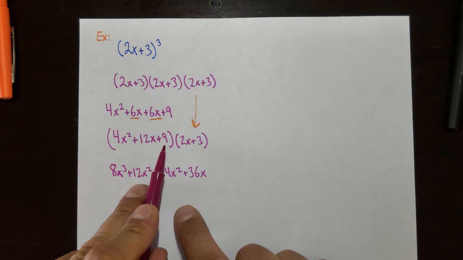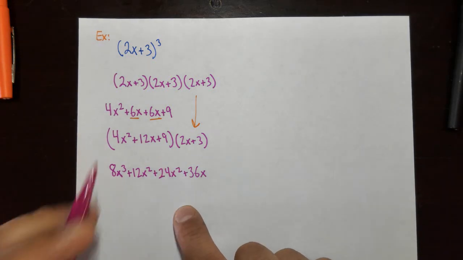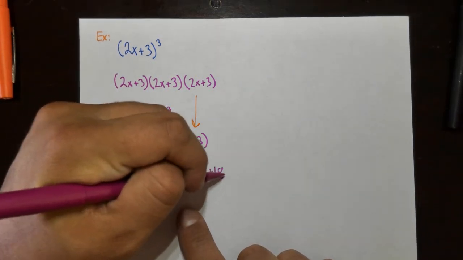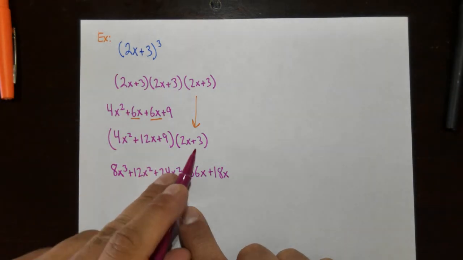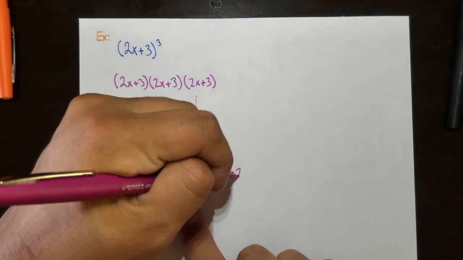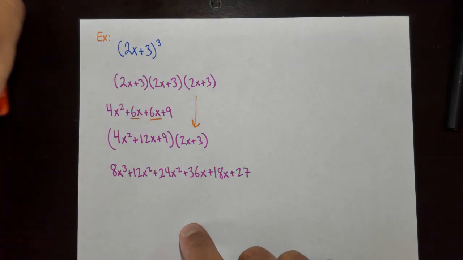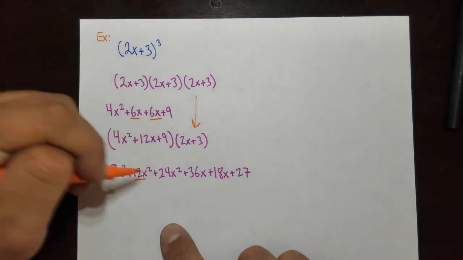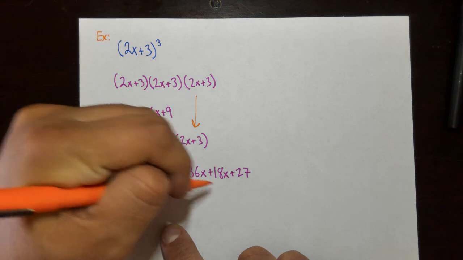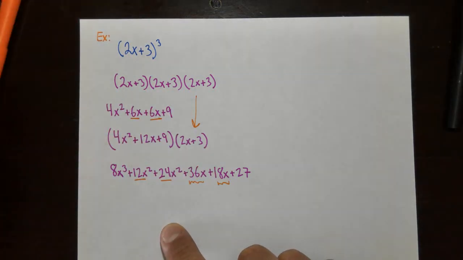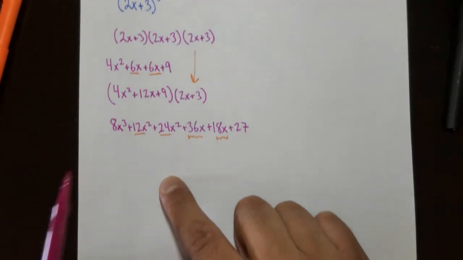And then do the same thing with 9. 9 times 2x is 18x. And 9 times 3 is 27. And finally, we need to combine like terms one last time. So look, we have two squared terms, and we have two linear terms.